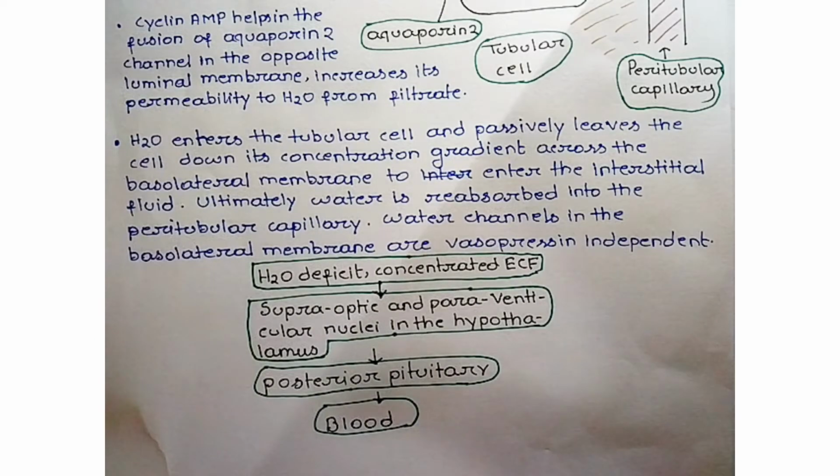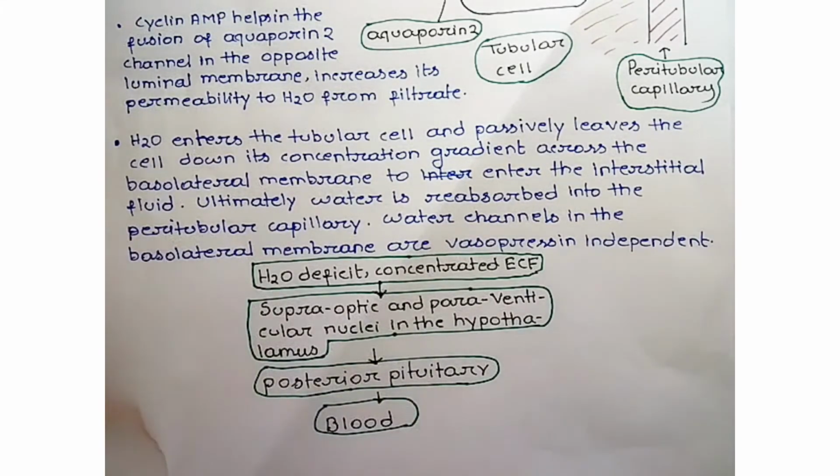Vasopressin has different functions, like it controls our sexual behavior, attention, learning, memory, partner selection. Our anxiety level decreases in the presence of vasopressin. Blood pressure increases in the presence of vasopressin.